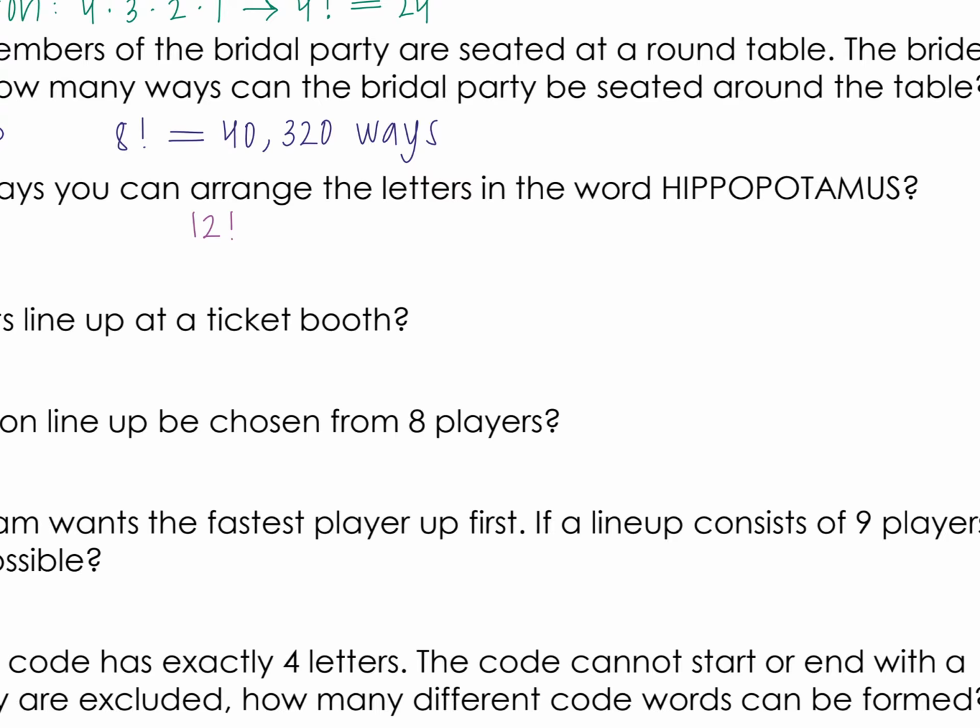So if I look here, no H's, no I's, but I do have 3 P's. So we're going to divide by 3 factorial. Let's double check. We do have 2 O's. So a 2 factorial. And that is it for our repeats. So we would take our 12 factorial divided by 3 factorial times 2 factorial. And we'll get 39,916,800.